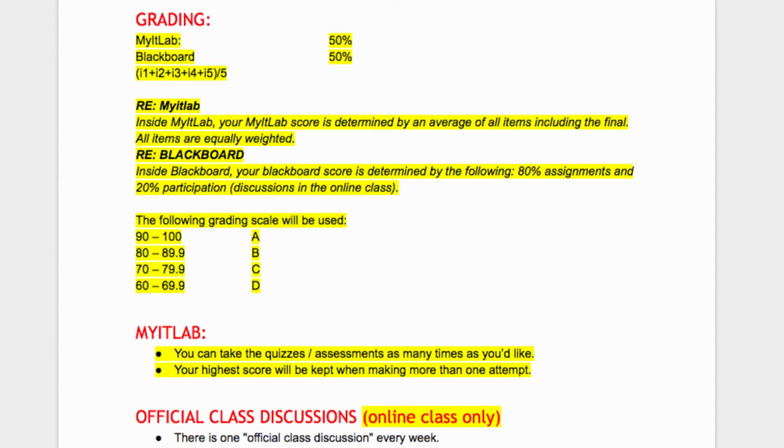So if these were each worth 100, whatever my score was. So this would be 100. This would be 0. This would be 100. This would be 100. This would be 0. I now have 300 out of 500, which is 60%.